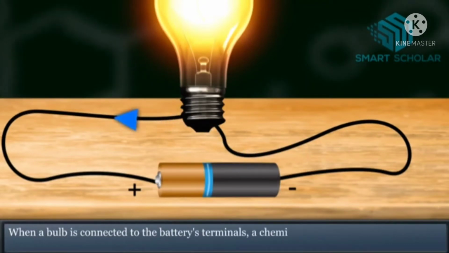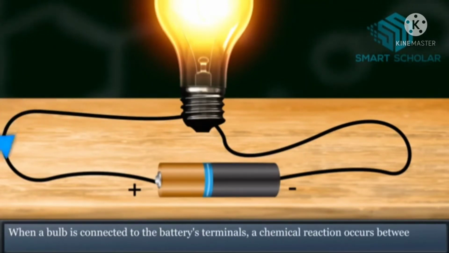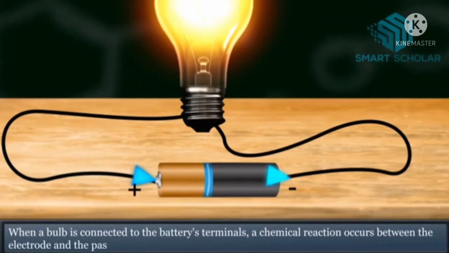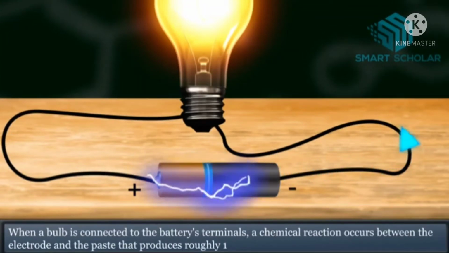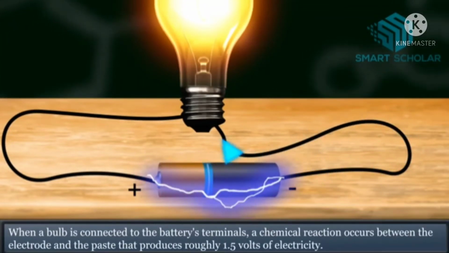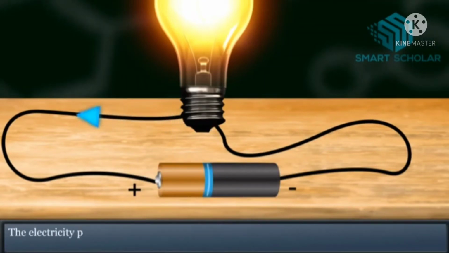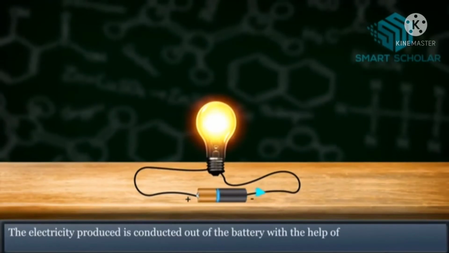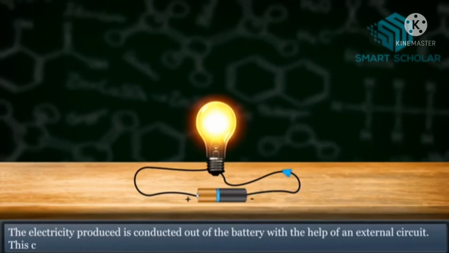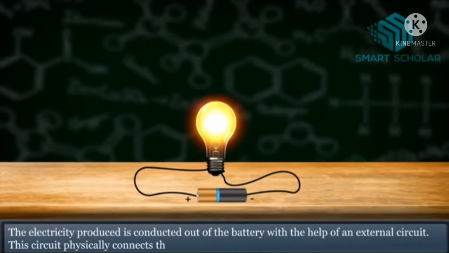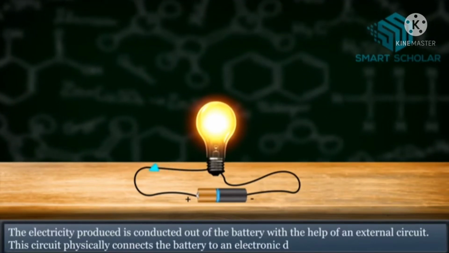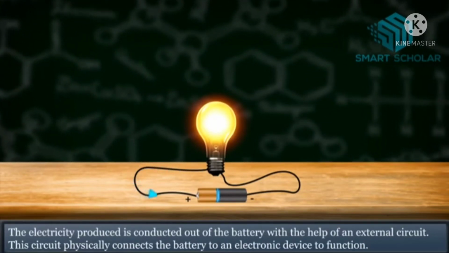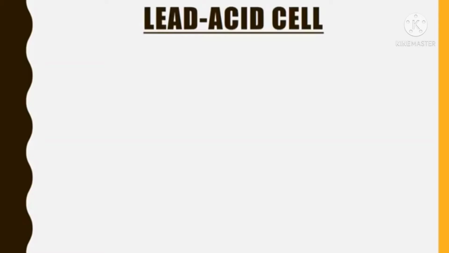When a bulb is connected to the battery's terminals, a chemical reaction occurs between the electrode and the paste that produces roughly 1.5 volts. The electricity produced is conducted out of the battery with the help of an external circuit. So this circuit physically connects the battery to an electronic device to function.